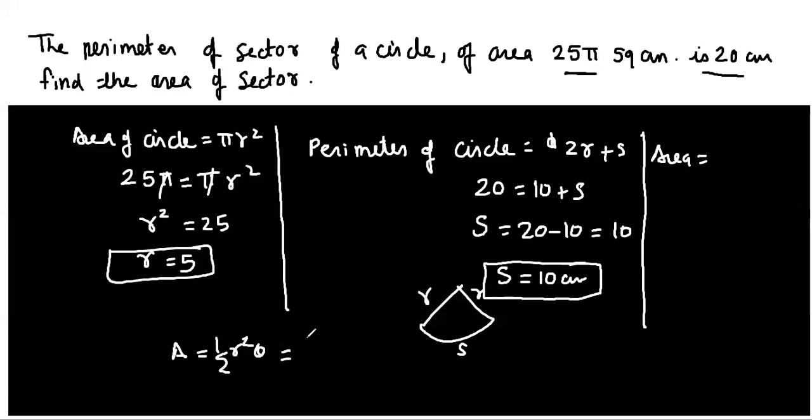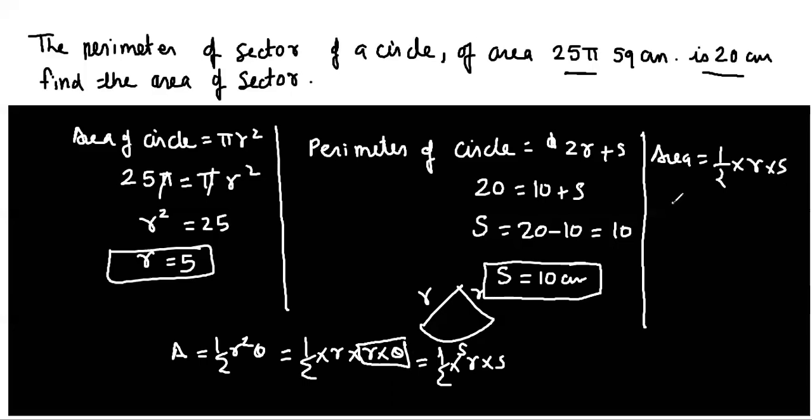But I can write r square as r into r, so half into r into r theta. What is r theta? It is S, the length of the arc. So I will write the area of the sector as half into r into S.